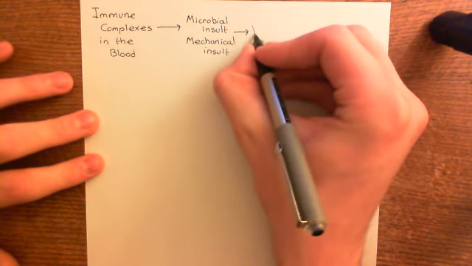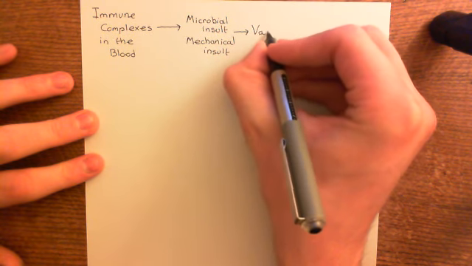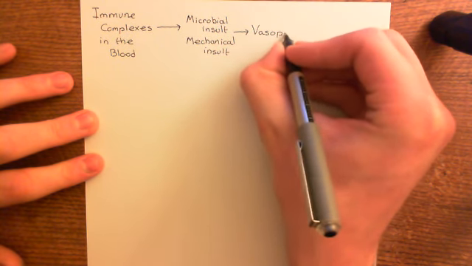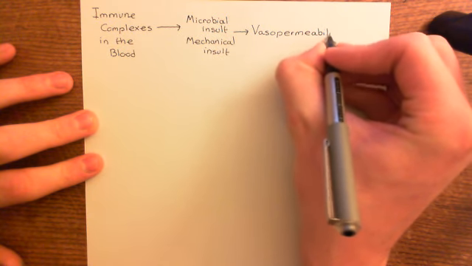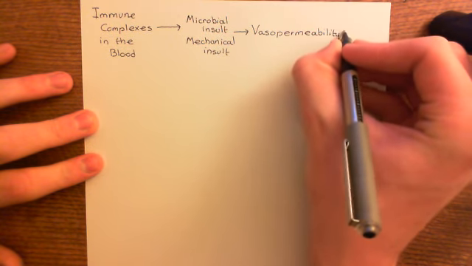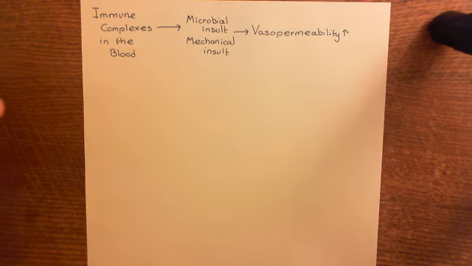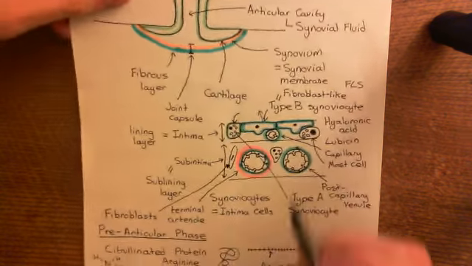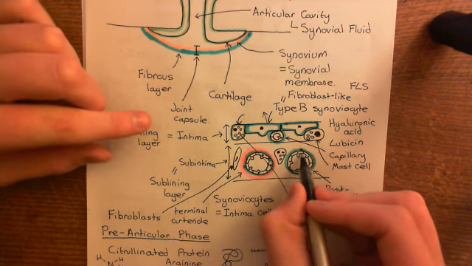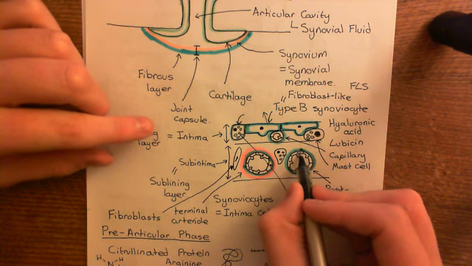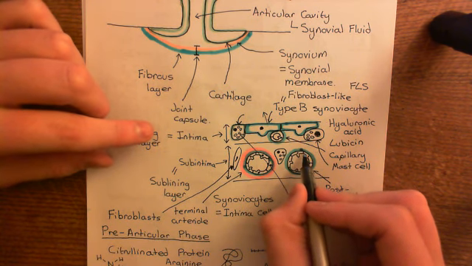Okay, and when you get the inflammatory response, what's going to happen is that vasopermeability is going to go up. The endothelial cells which line the capillaries and the postcapillary venules are going to retract their outer boundaries, basically, and open up holes between them.